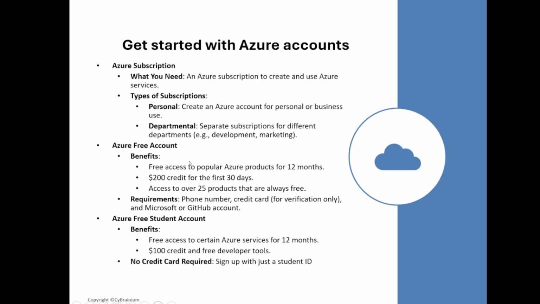Now coming to the free accounts, the first month you will get as free. You only have to mention your correct phone number, the credit card, or you should have the Microsoft or maybe the GitHub account. In this Azure free account, you will get $200 credit for the first 30 days, and others are applicable for the 12 months.